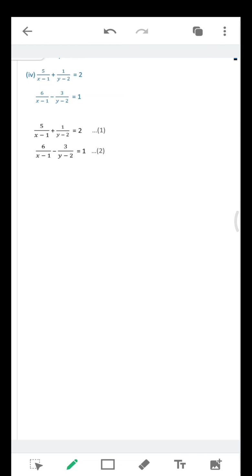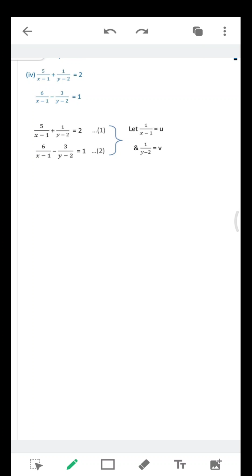Let's begin with the next question, question number 4. In this you can see 5 by x minus 1 plus 1 by y minus 2. You can observe x minus 1 is there in both equations, y minus 2 is there in both. Okay, so we will assume 1 by x minus 1 because it's in denominator. X minus 1, y minus 2 are in denominator, so I'll assume let 1 by x minus 1 is u and 1 by y minus 2 is v.